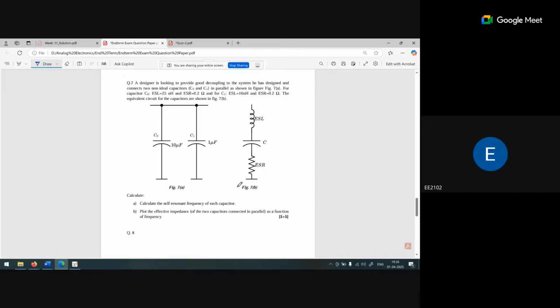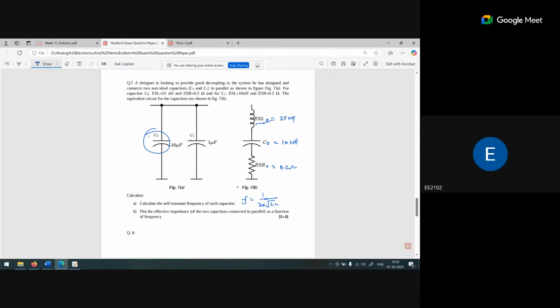Seventh question, the self-resonating frequency for each capacitor. So there are two capacitors C0 and C1. The formula of F is equal to 1 upon 2 pi root of LC. Now C0 will be represented by ESL0, C0 and ESR0. ESL0 is 25 nanohenry, ESR0 is 0.2 ohm, and C0 is 10 microfarad.